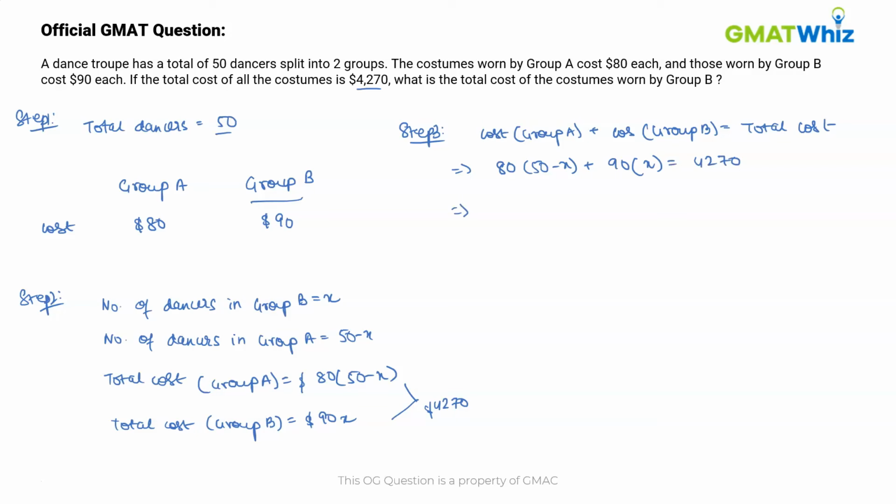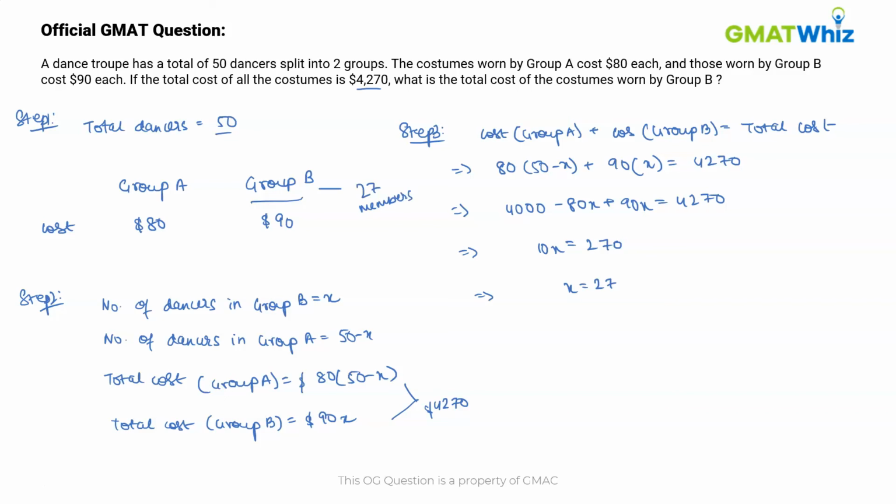On simplifying, we get 4000 minus 80X plus 90X equals 4270. This gives us 10X equal to 270, and thus the value of X is 27. So we can say that there are 27 members in Group B.